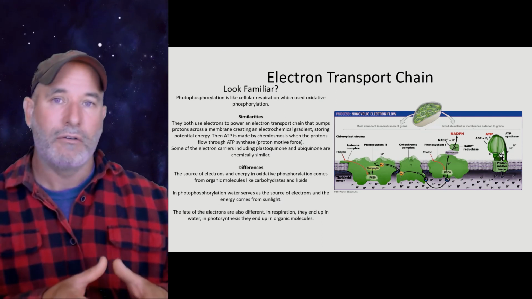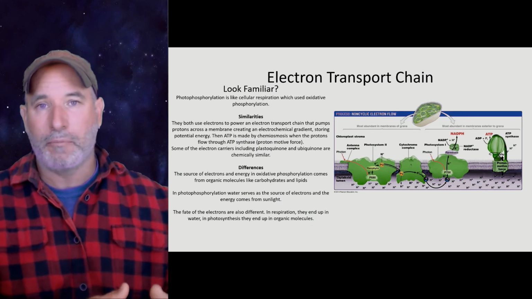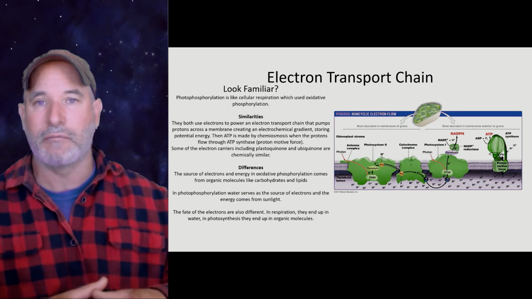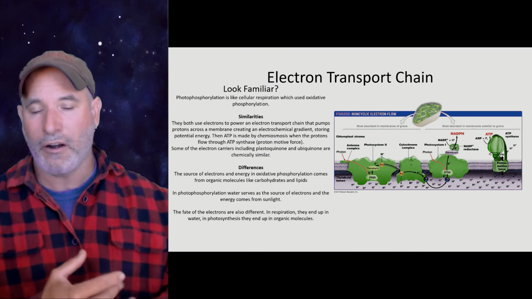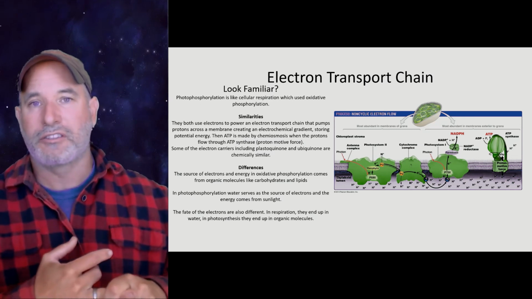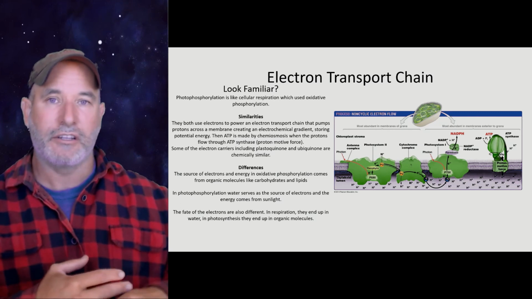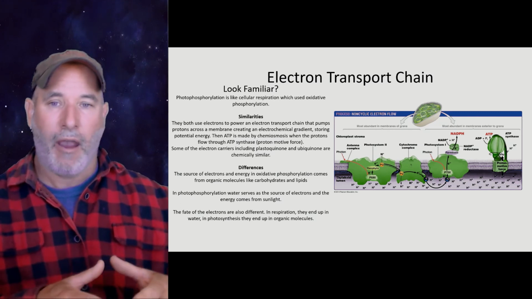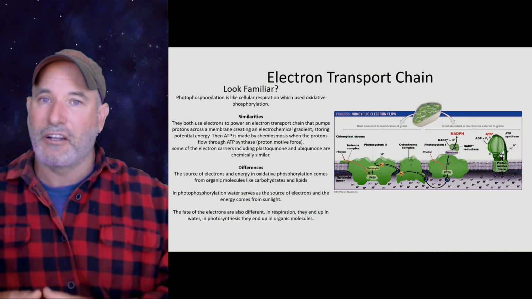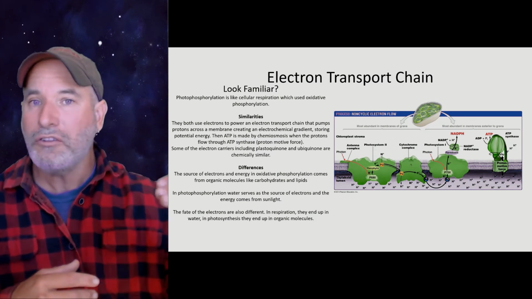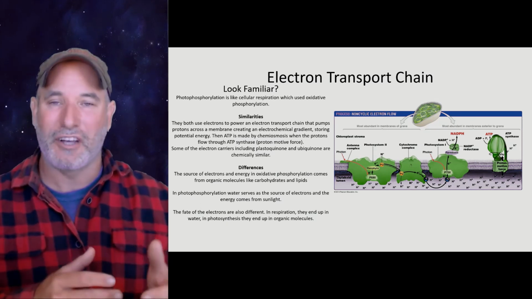They have no potential energy, right? Or very little potential energy, not enough to drive the system. So the electrons are coming from water, and ultimately the photosystems are using energy in sunlight to elevate those electrons. So the source of energy here is different. And what that also tells you is that if you go back to cellular respiration, guess what? The ultimate source of energy, the sun.